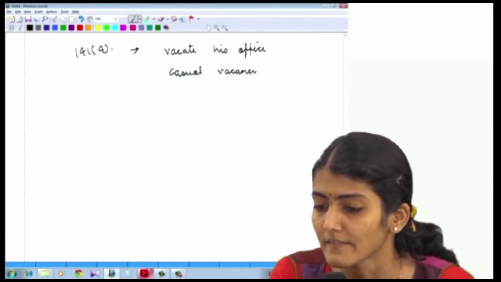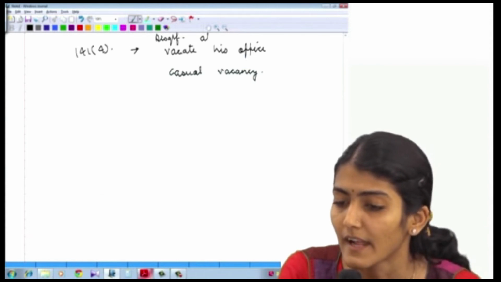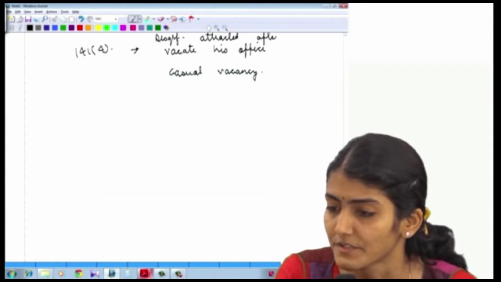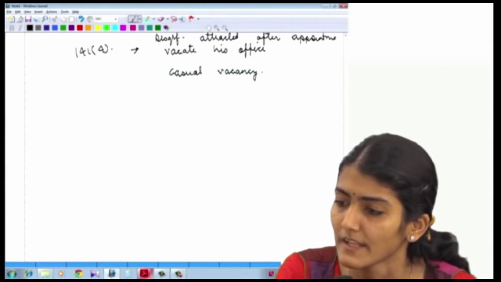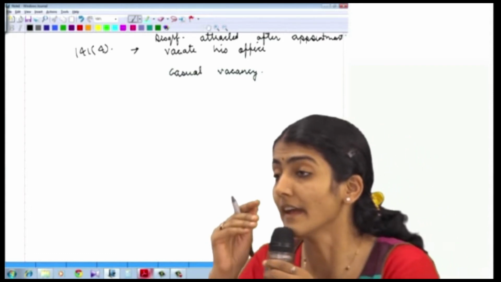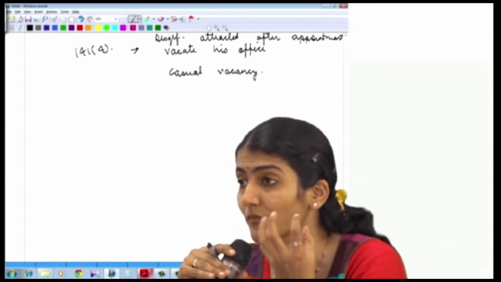Disqualification attracted after appointment: then he should vacate his office, and such vacancy shall be deemed to be a casual vacancy in the office of the auditor.